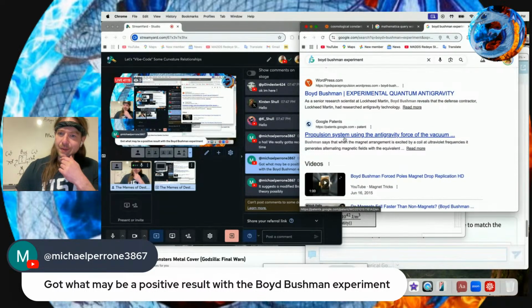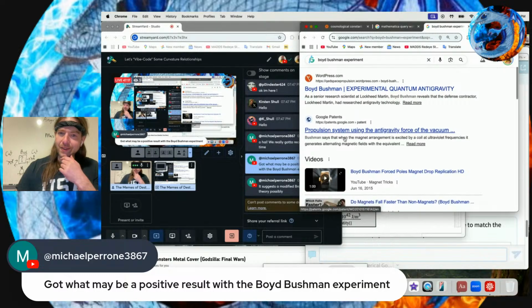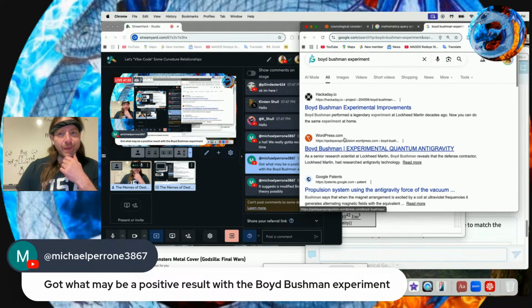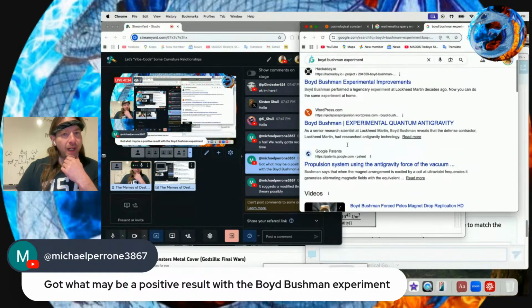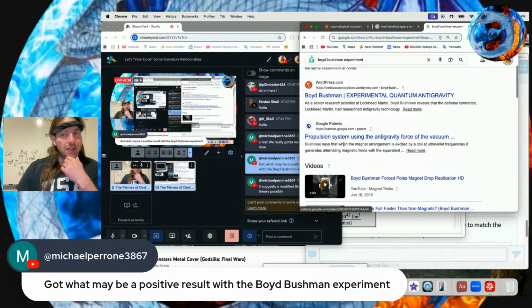Says magnetic ultraviolet frequency. Okay, so this looks like some form of method to attempt to create some anti-gravity propulsion of the vacuum. Magnetic arrangement exciting a coil at ultraviolet frequencies.